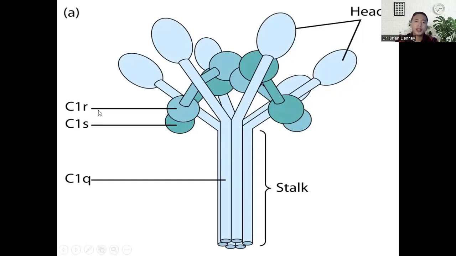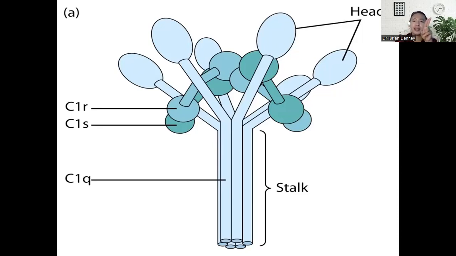Take note that the C1R component is actually a dimer, meaning for one subunit of C1R, you actually see 2 of them. One subunit is comprised of 2 molecules. That's why it's called a dimer. So it's a paired molecule.